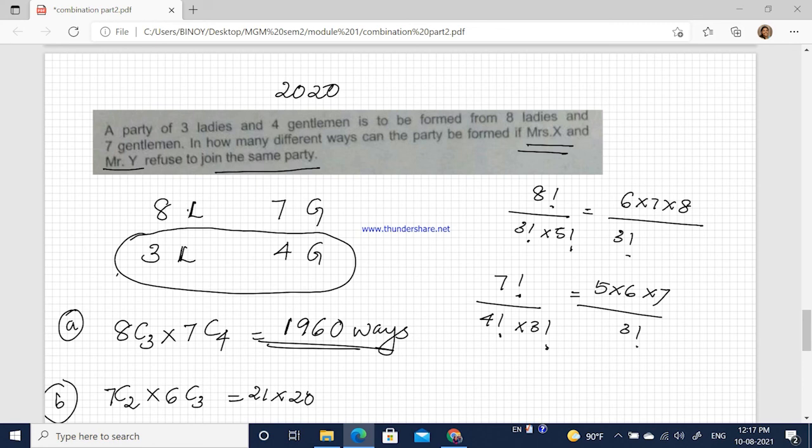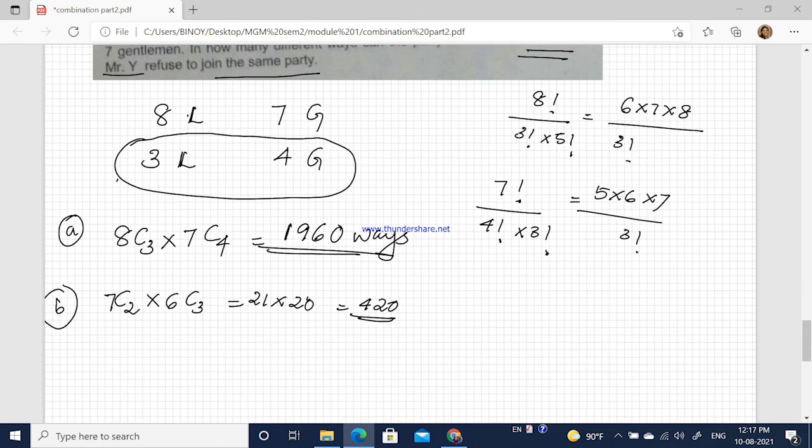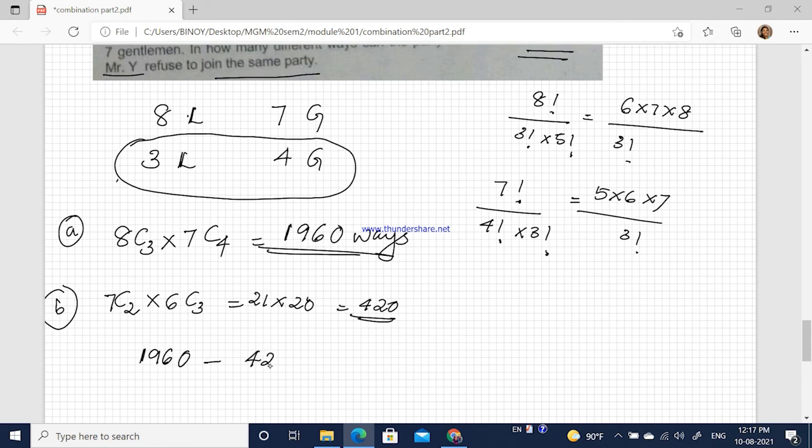So 21 times 20 is 420. So if we are excluding X and Y, that is 420. So we need to subtract: 1960 minus 420 is equal to 1540.